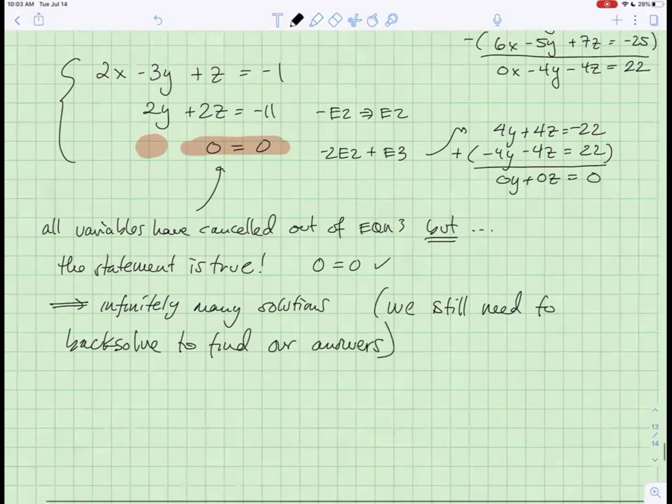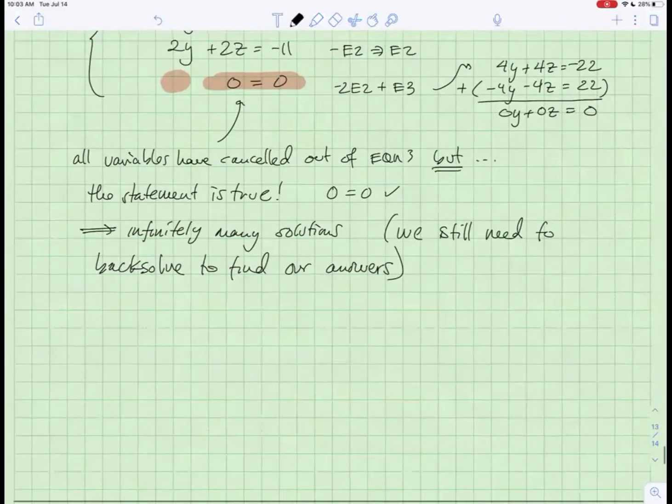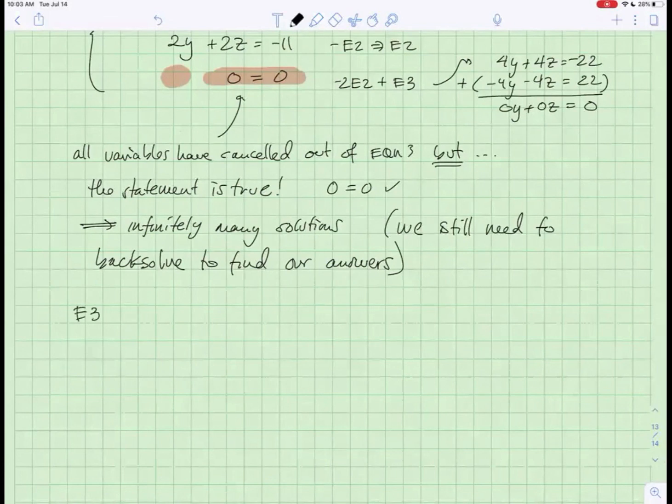So another way to interpret this bottom row, or equation 3, could also say 0z is equal to 0, which means that z is what we call a free variable. So z is a free variable, meaning that it can take on any value we want it to take on.